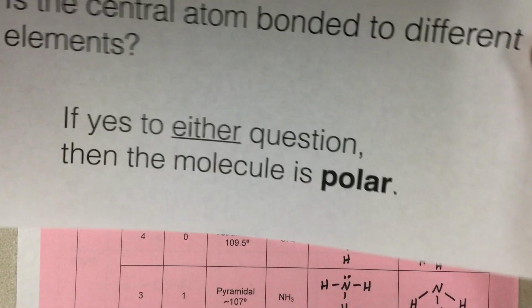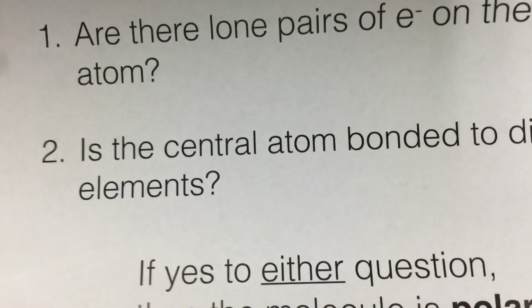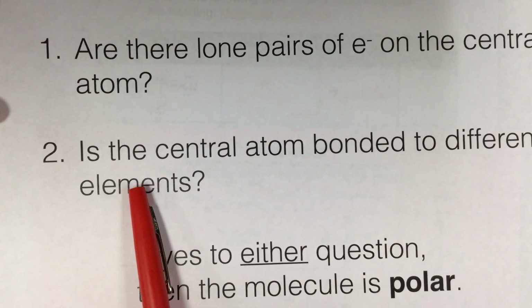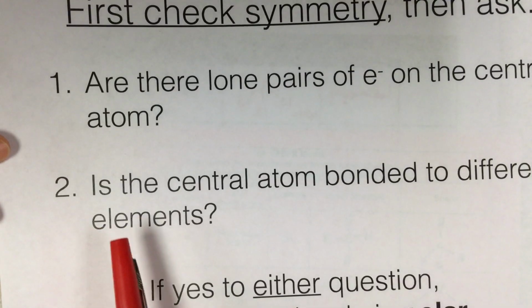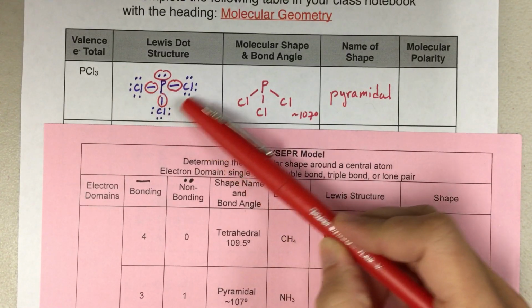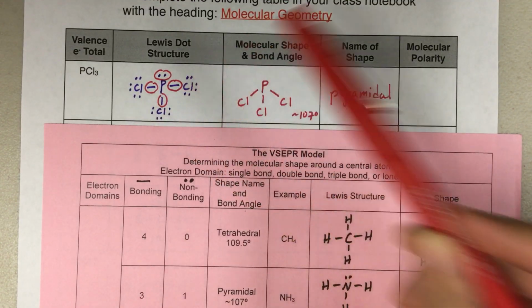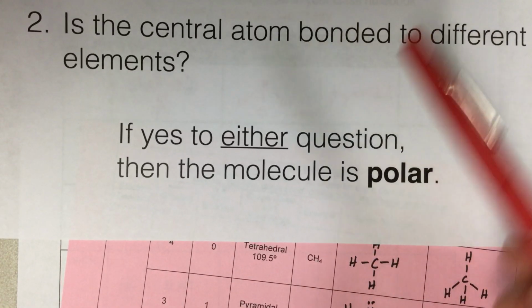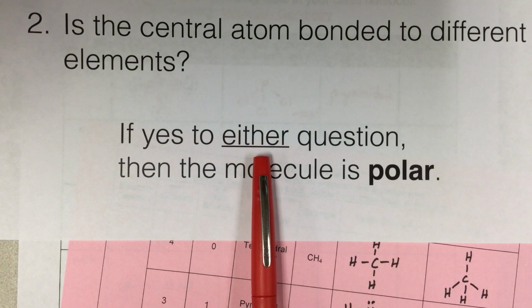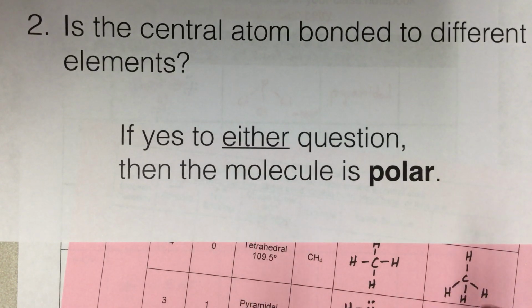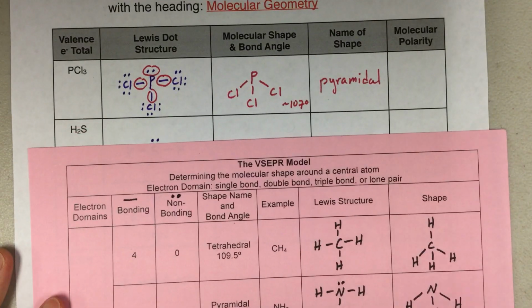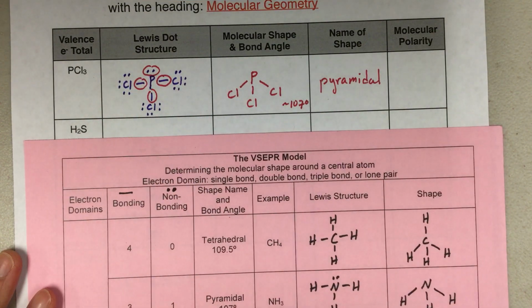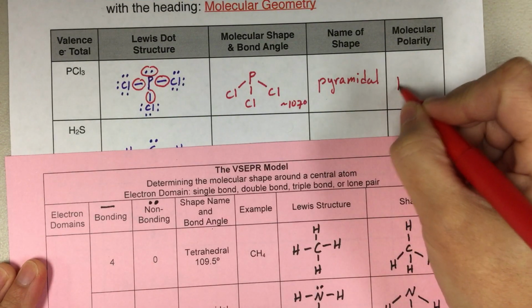And then the second question is, is the central atom bonded to different elements? This one, it's not bonded to different elements. They're all chlorines. However, if you answer yes to either question, it's polar. So the fact that we have lone pairs on the central atom makes this molecule polar.